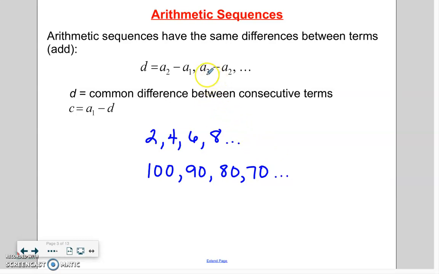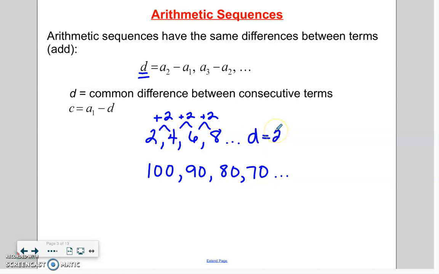In this slide, you're going to see a couple different variables. The first one I want to point out to you is variable D, and D is going to represent the common difference between terms. So in this first pattern, 2, 4, 6, 8, your pattern is to add 2 each time. And since it is consistently adding 2, it qualifies as an arithmetic sequence.